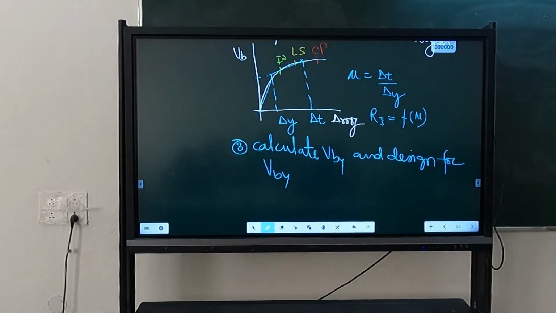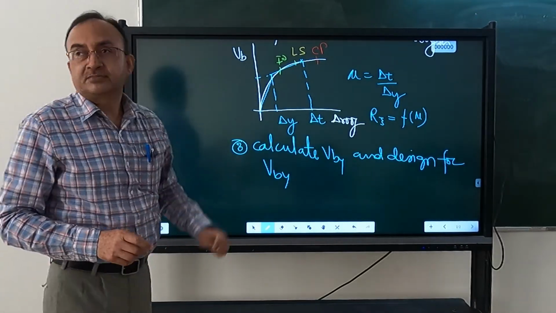The period of the building which you are designing. How? That's the question. But that is an empirical formula for elastic period. Okay, in the elastic, that is an empirical formula. That may not be true for my building.